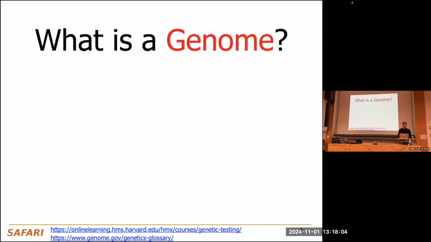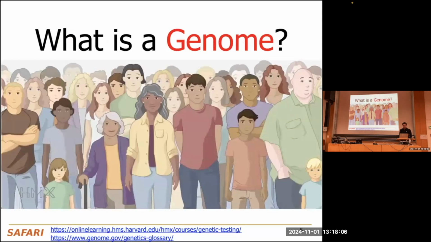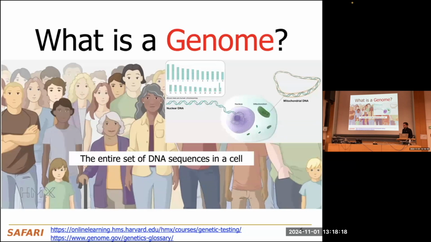But then what is a genome, right? A genome is what enables us to have different traits, right? So different, perhaps, eye colors, different phenotypes, and so on. The genome is, loosely speaking, especially for eukaryotic genomes, a bunch of DNAs or chromosomes that are located inside your cell, specifically in your nucleus.